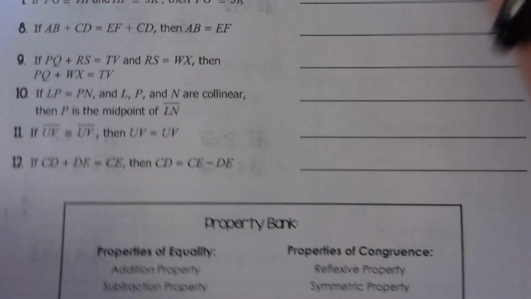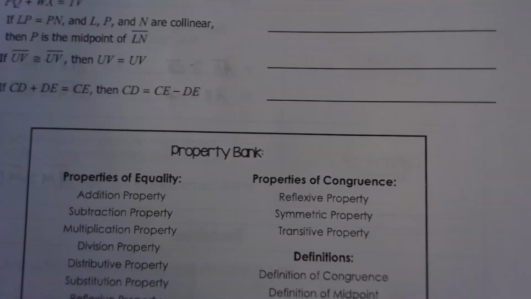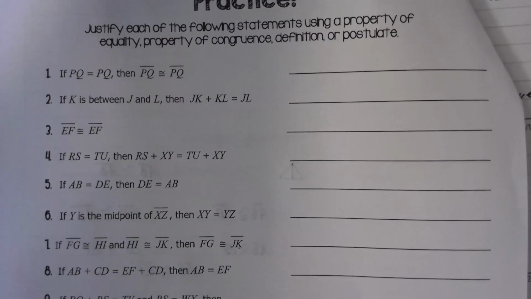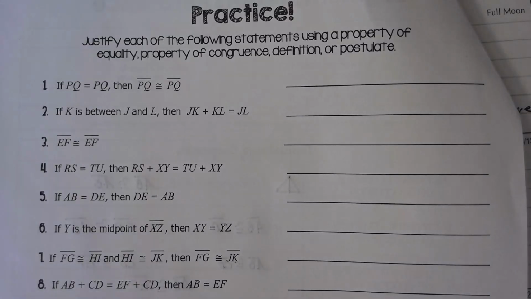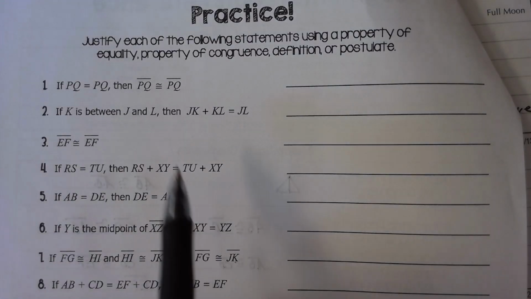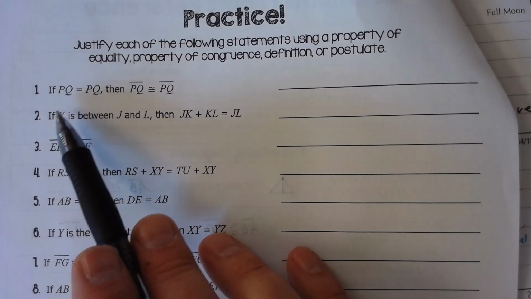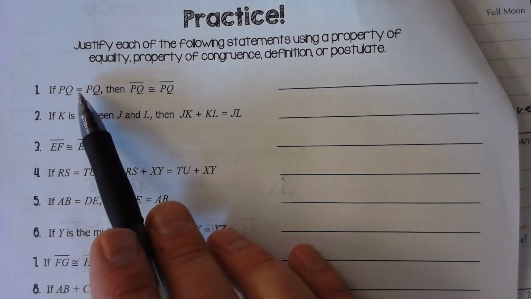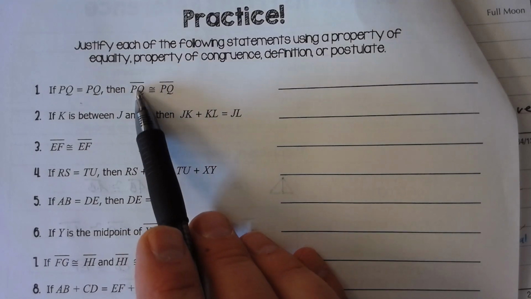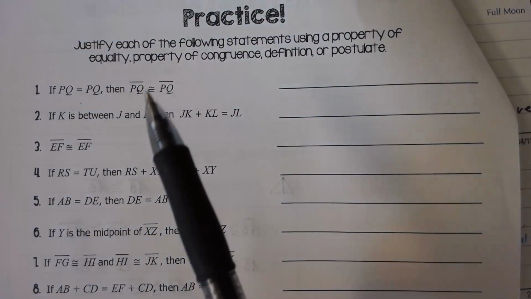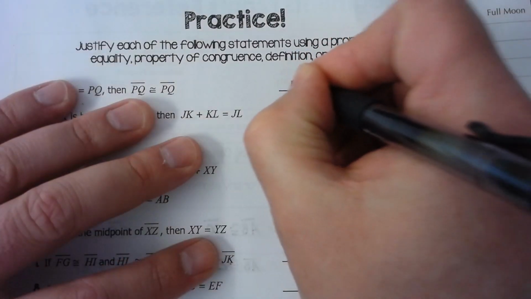On this practice sheet, we're going to justify each of the following statements using one of the properties of equality, properties of congruence, definitions, or postulates. This just requires you to look back at your definitions and figure out which one is which. If PQ is equal to PQ, then segment PQ is congruent to segment PQ. That's your definition of congruence.